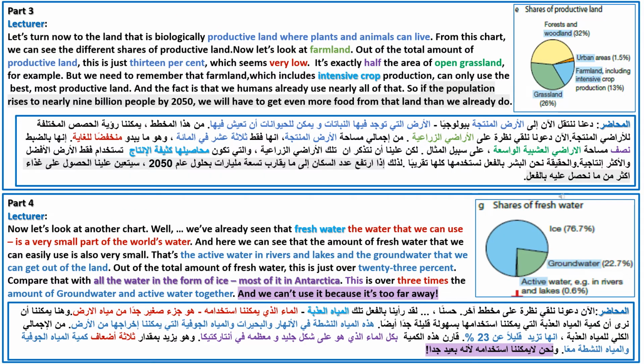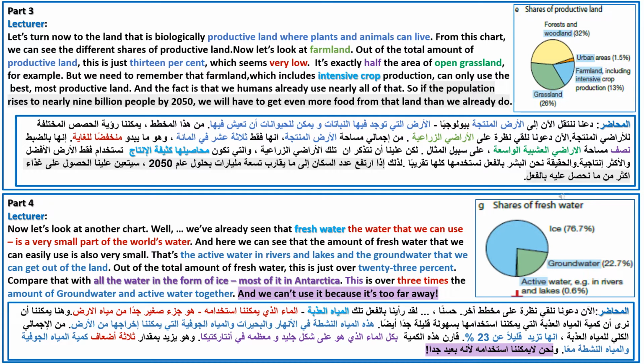Part 3. Let's turn now to the land that is biologically productive, land where plants and animals can live. From this chart we can see the different shares of productive land. Now let's look at farmland. Out of the total amount of productive land, this is just 13%, which seems very low.